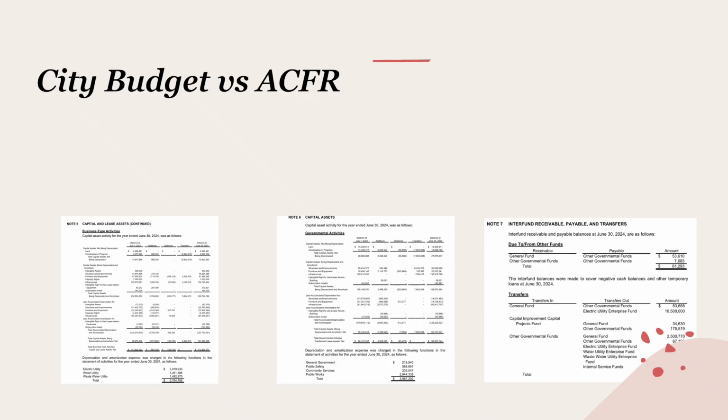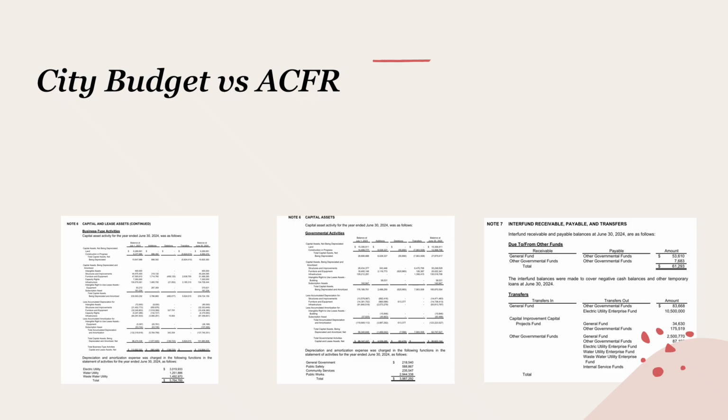They're planning ahead, assuming and going based off previous years, but it's not an accurate number, as opposed to the ACFR, which is auditing the previous year for the actual numbers that were used. So it's accurate because of the numbers. It's not an assumption, and it includes actual financial results.